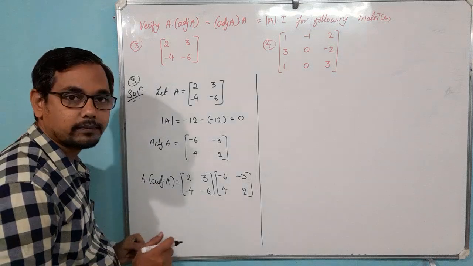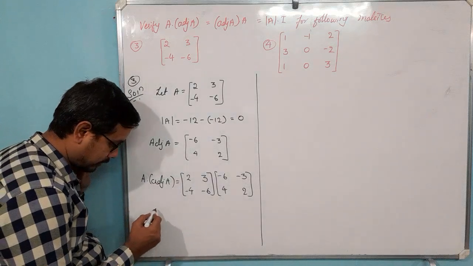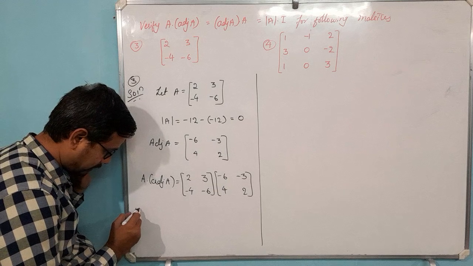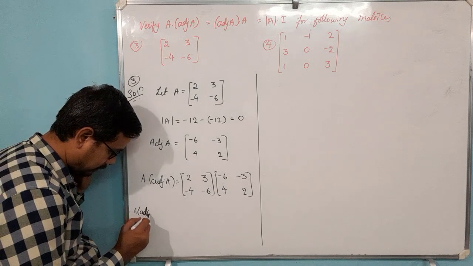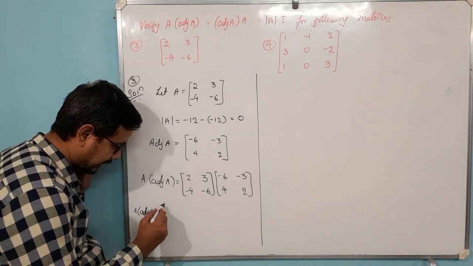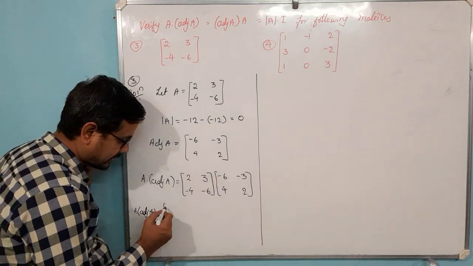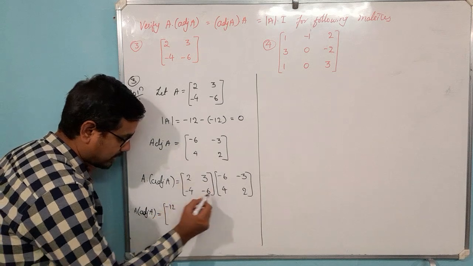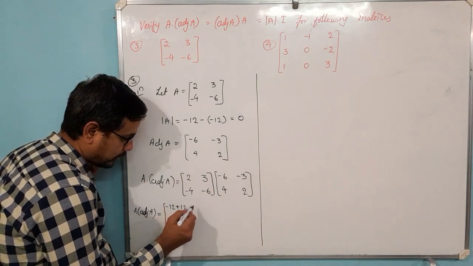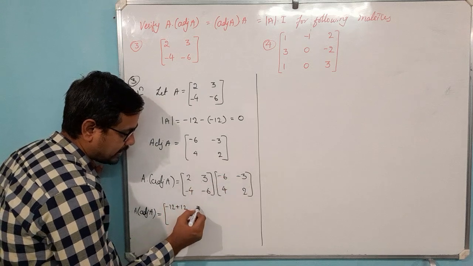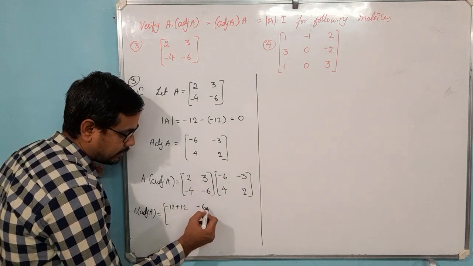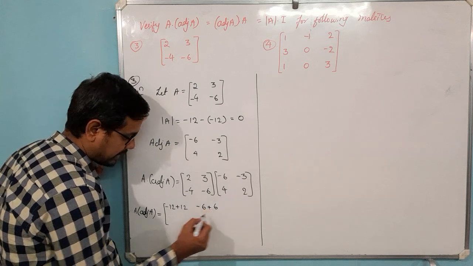What will this be? It can be written as 2 into minus 6 minus 12, 3 into 4 plus 12, 2 into minus 3 minus 6 plus 3 into 2, 6.